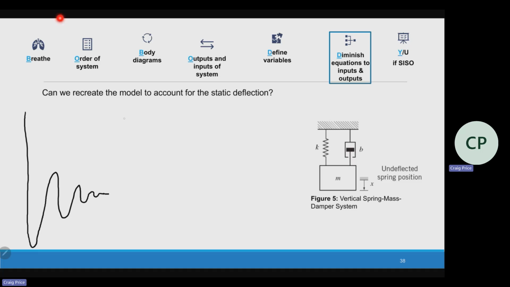So this would turn into, maybe we've got our mass way down here, and the spring is now deflected, and we've got our damper looking like this. So we started with an undeflected spring. They oscillate a little bit, and then they hit some kind of steady point. We could call that something different, like z.